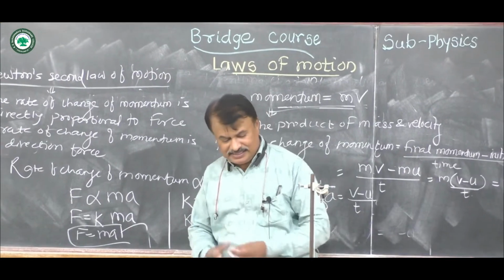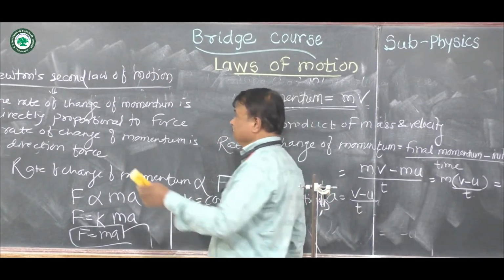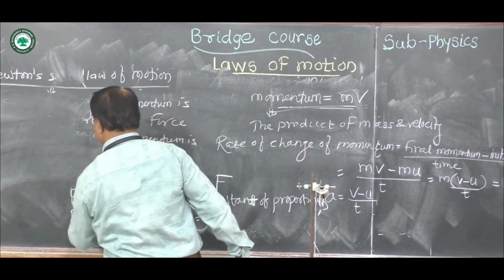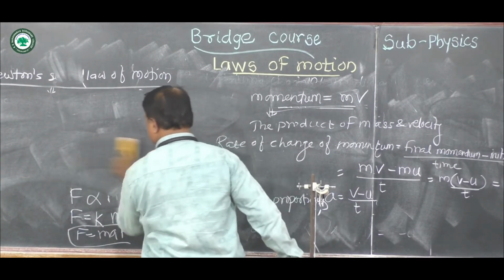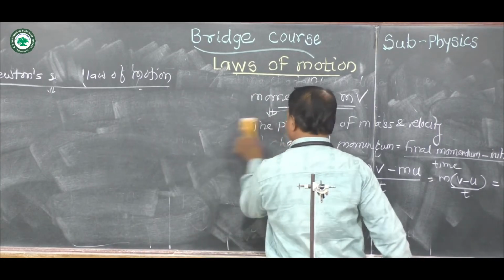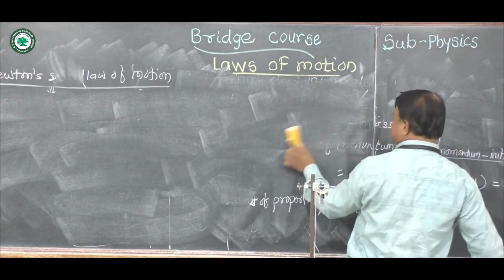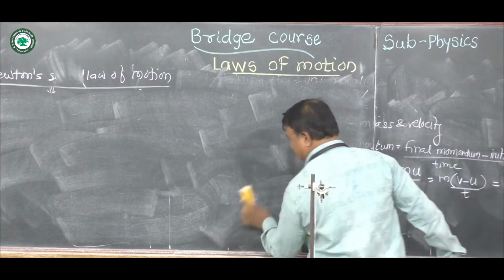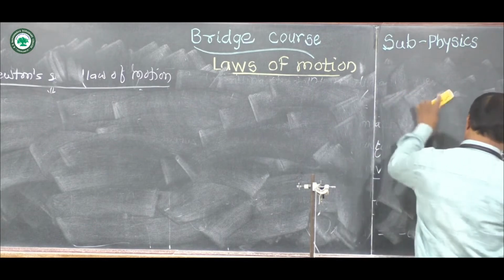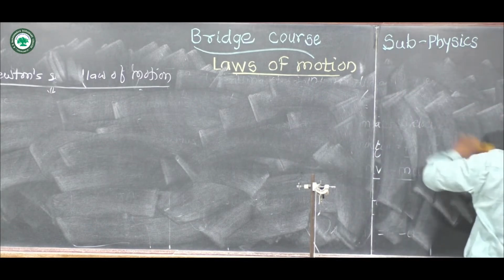Now we have to study Newton's third law of motion. If we consider Newton's third law of motion, in that case we study the example of launching of the rocket. In this case, the rocket is moving in upward side.